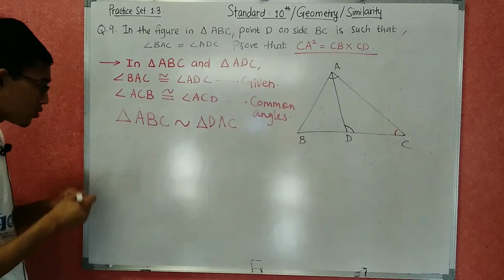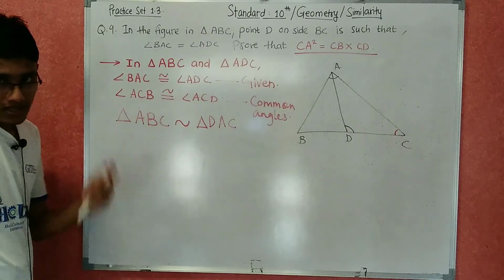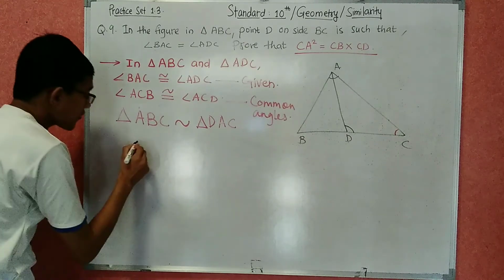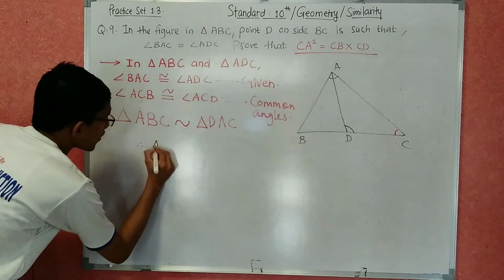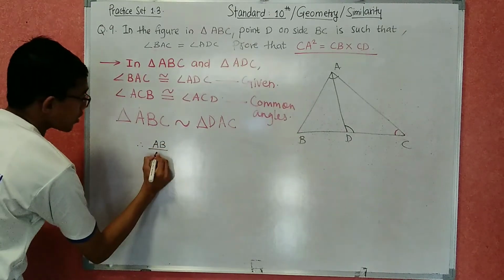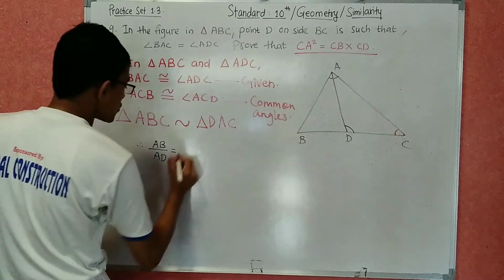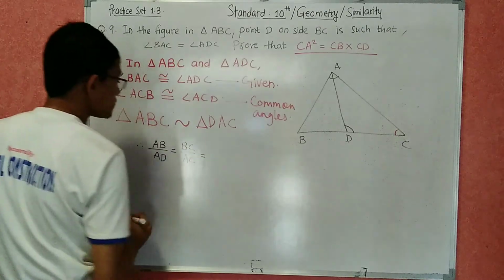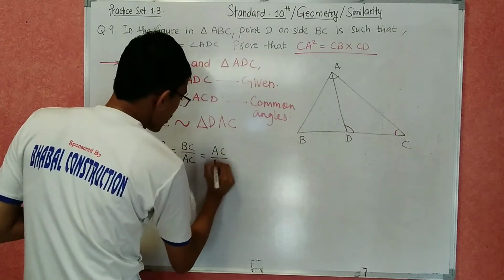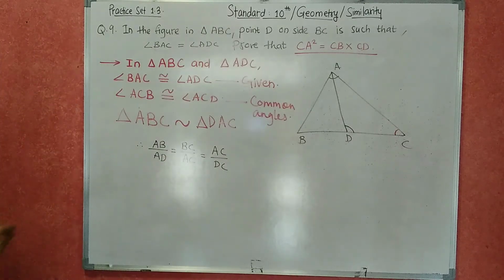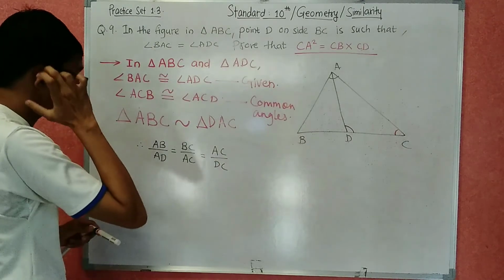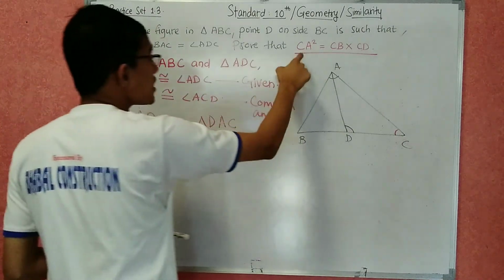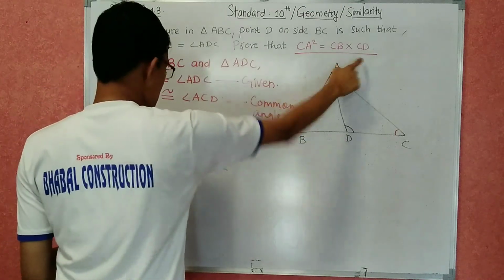Now as two triangles are similar, we can take the ratio of their corresponding sides in the same proportion. So therefore AB upon AD is equal to BC upon AC is equal to AC upon DC. Now what we need is CB, AC, and CD.